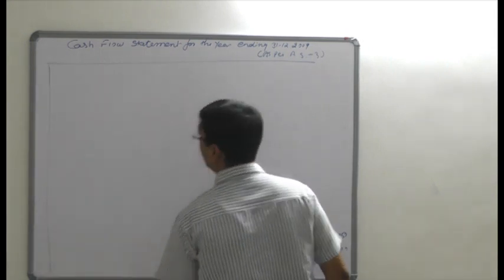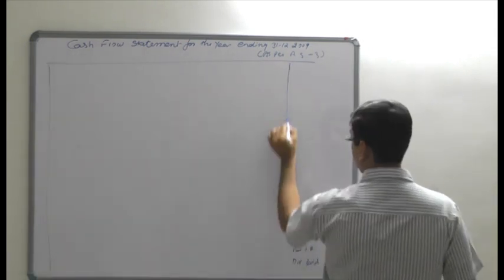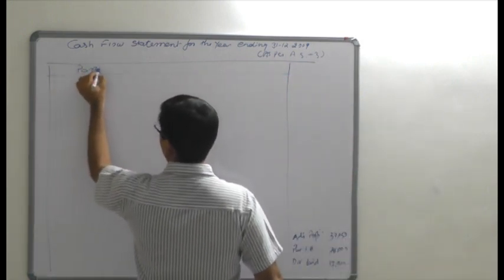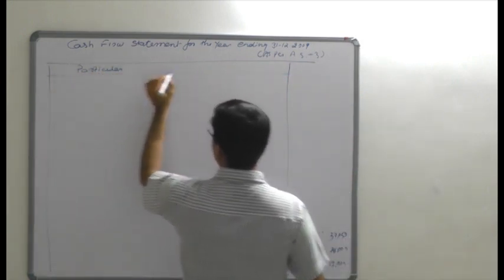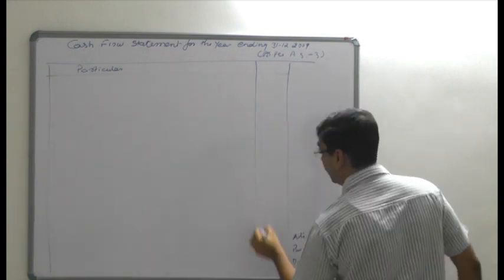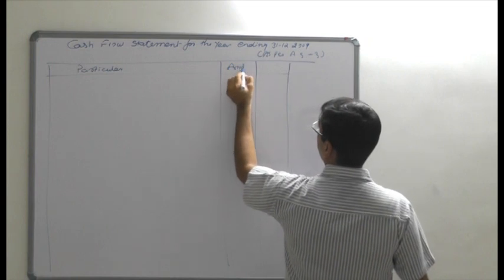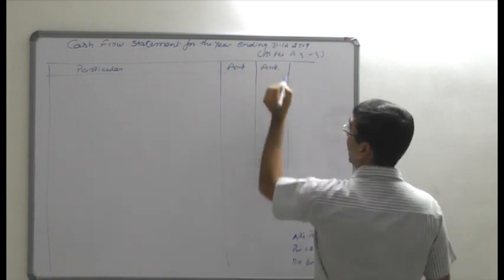Now, the important part is that the question is actually divided into three parts. This answer would be divided into three parts, and the first part is to find out the changes regarding the operational activity.